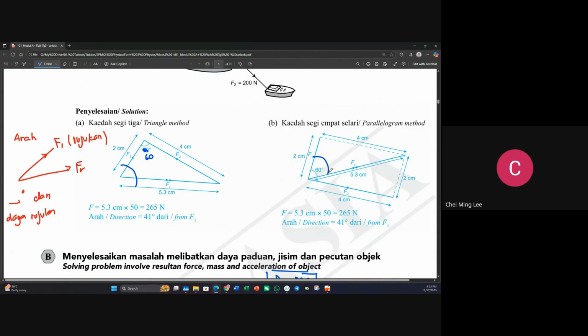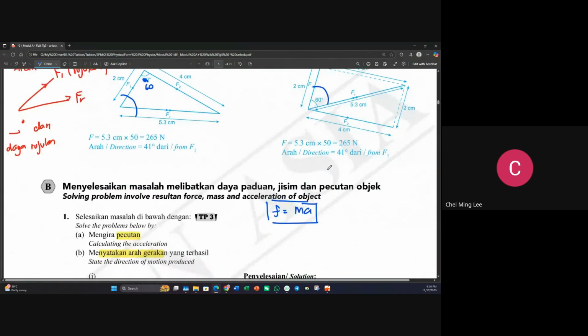So you will find out that this is 41 degrees from force 1 here. And the length of this is 5.3 cm, which is 265 Newton. You understand? Then how do you get the 41? You measure using your protractor. Okay? Use protractor.